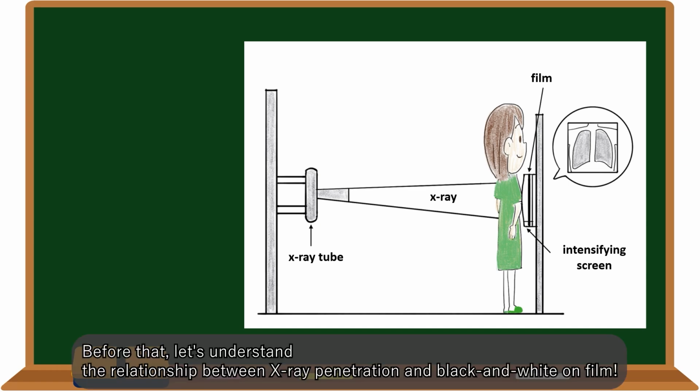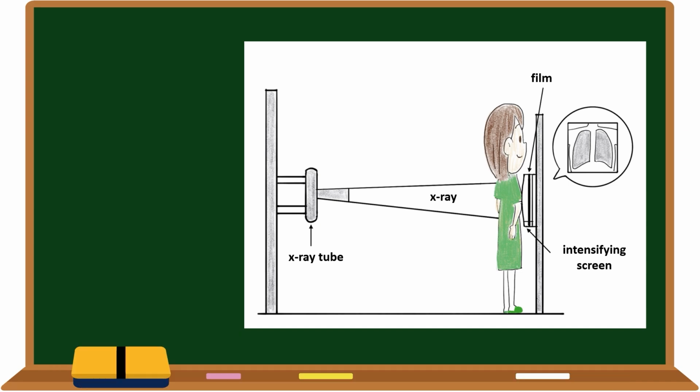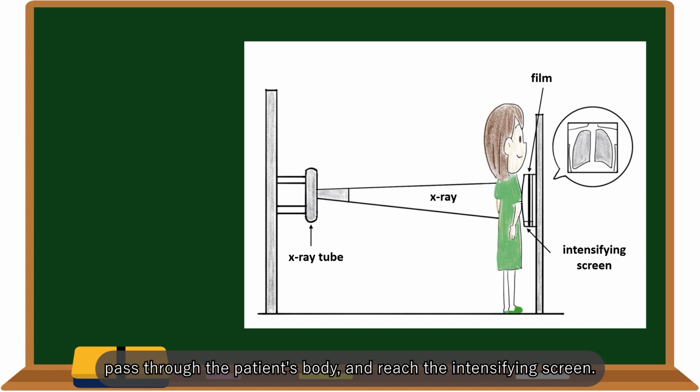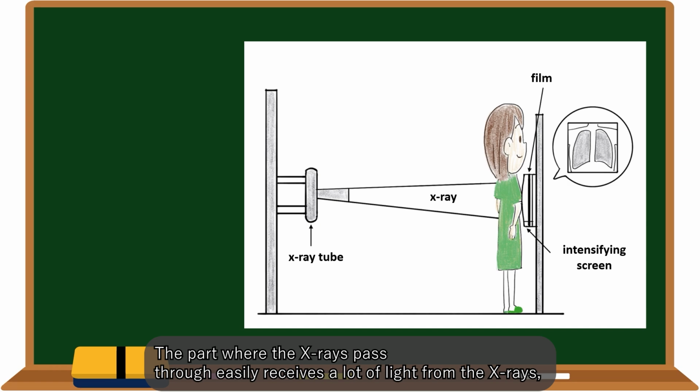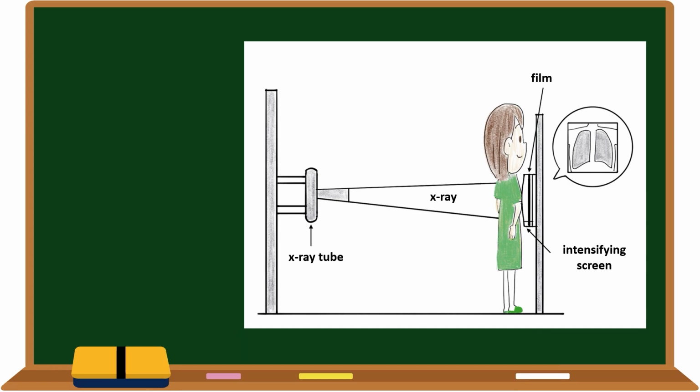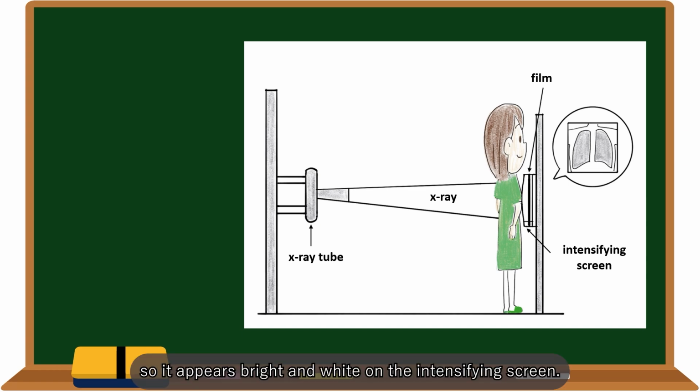Before that, let's understand the relationship between X-ray penetration and black and white on film. X-rays are emitted from the X-ray tube, pass through the patient's body, and reach the intensifying screen. The part where the X-rays pass through easily receives a lot of light from the X-rays, so it appears bright and white on the intensifying screen.